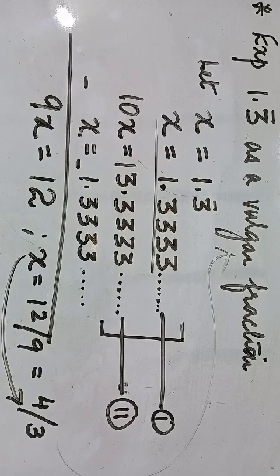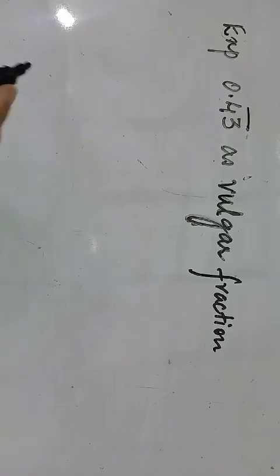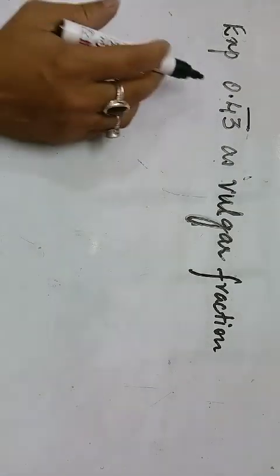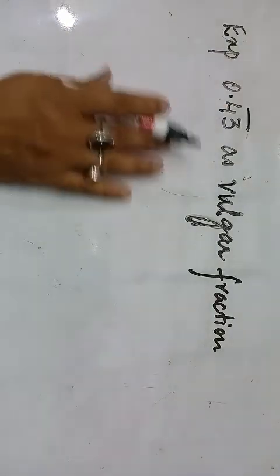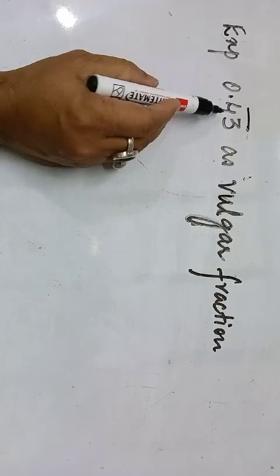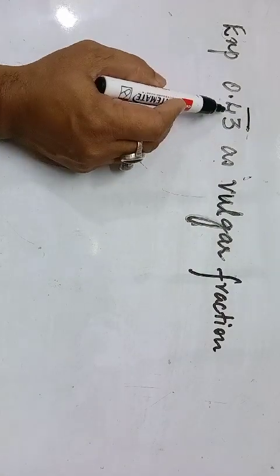Okay, now let's go to the question where we have to multiply by 100. Let's have a look at this particular question. You have to express 0.43 bar as a vulgar fraction. The question appears to be similar, but if you notice carefully, the bar this time is on 2 digits.